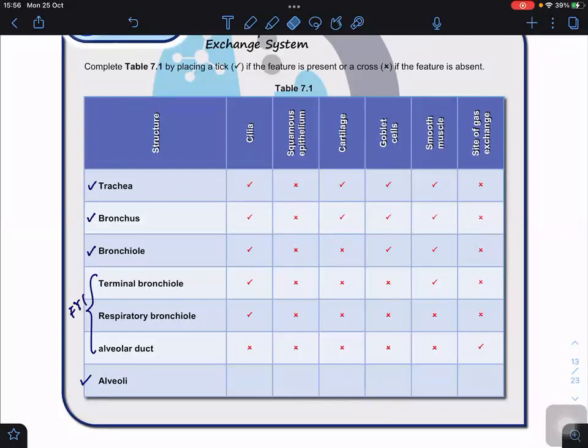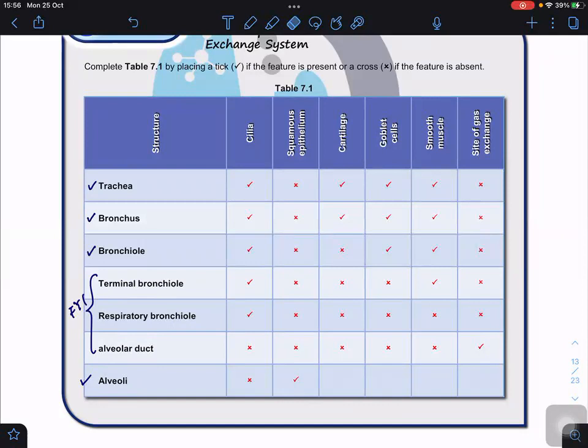Okay, alveoli, confirm no cilia. Yes, because of gas exchange, they have the squamous epithelium. It's a bit special about the alveolar ducts here: even though gas exchange takes place, it's not a major gas exchange site. The gas exchange site is at alveoli. So these three are for your information only.